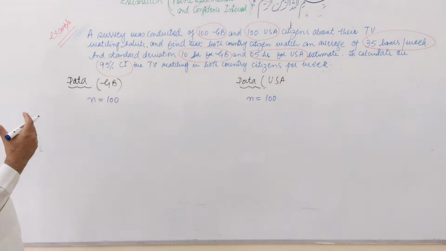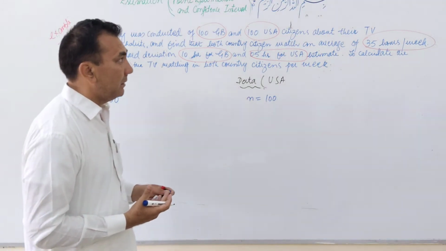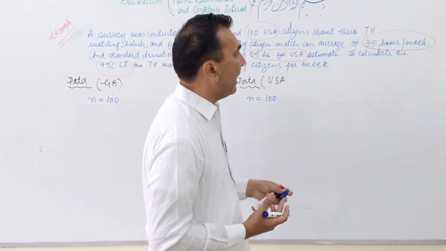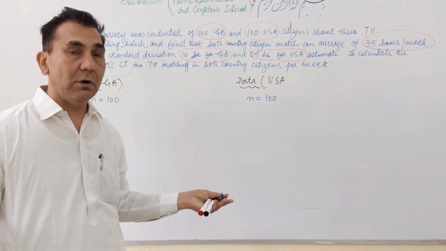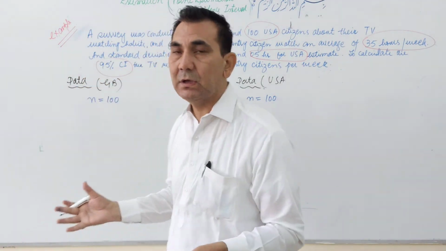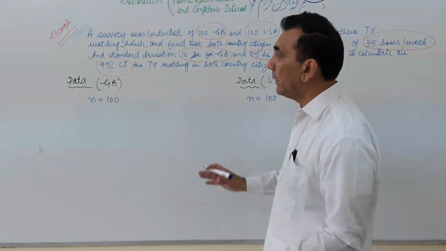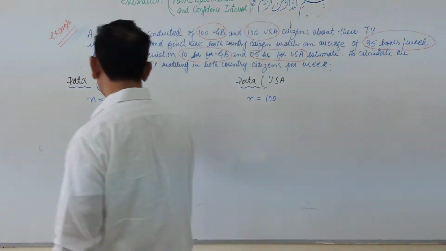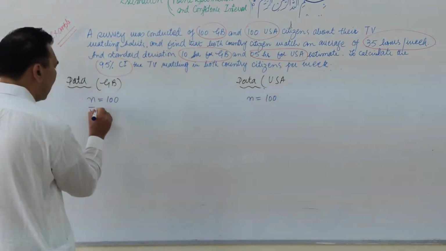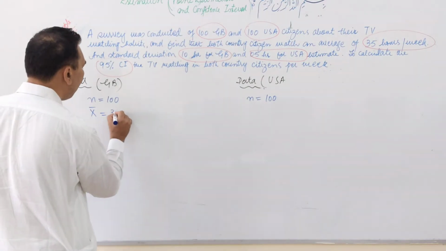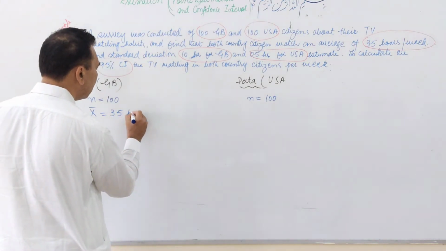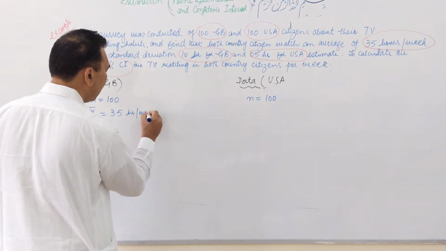Now, what is the mean, the average, of TV watching habits per week for both countries? The X bar is 35 hours per week.